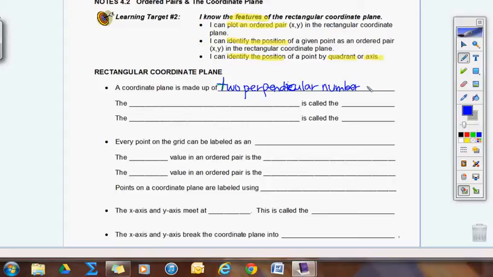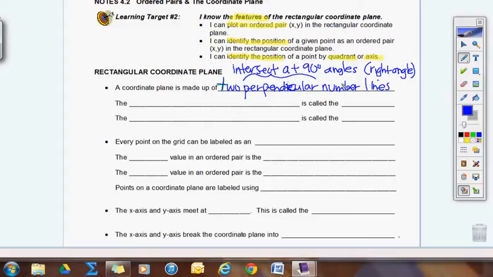The idea of being perpendicular means that when they intersect or cross, they make 90-degree angles, sometimes also called a right angle. So, two perpendicular number lines.